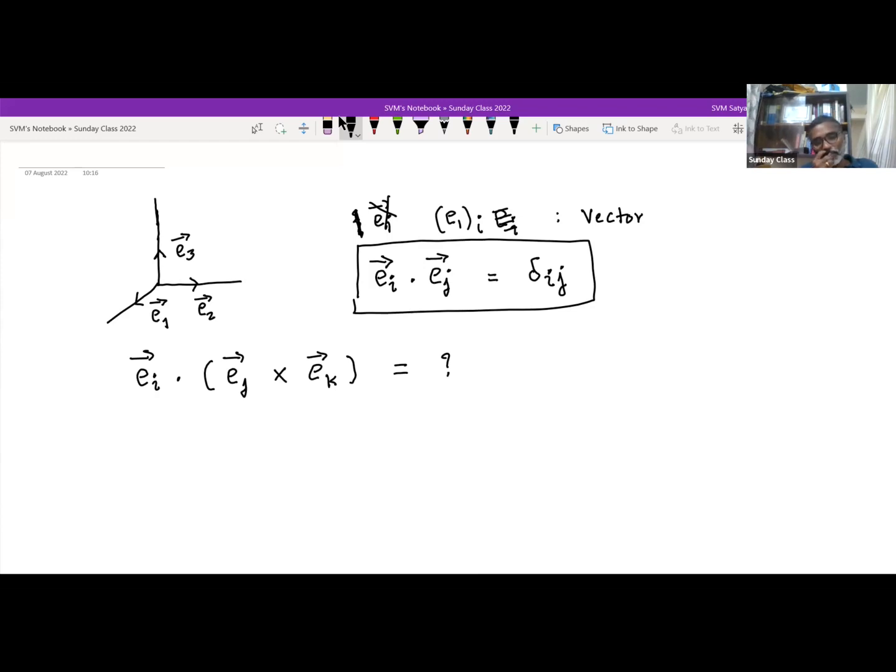Do you recognize that this is equal to epsilon ijk? Is it easy to recognize this?